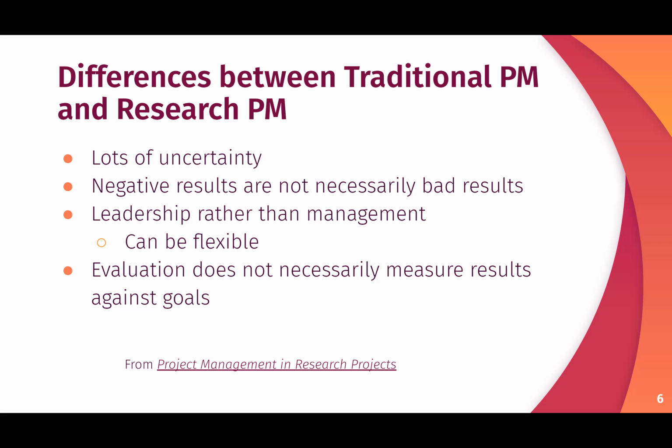And then the last point is evaluation does not necessarily measure results against goals, because we talk about goals being abstract and flexible. So that means that evaluation does not necessarily mean, hey, did I accomplish this particular thing? Instead, we may be measuring other things. We may be looking at other ways to measure success.